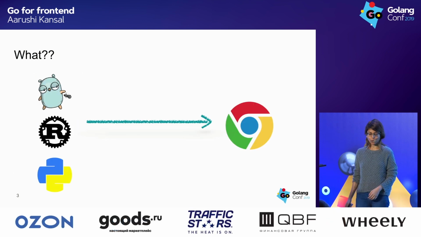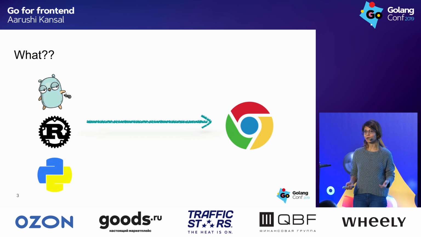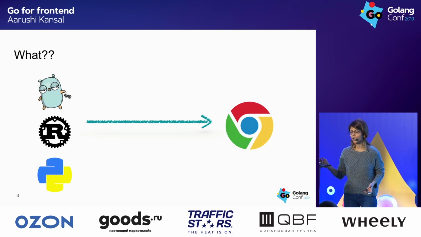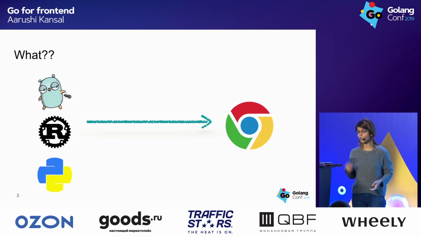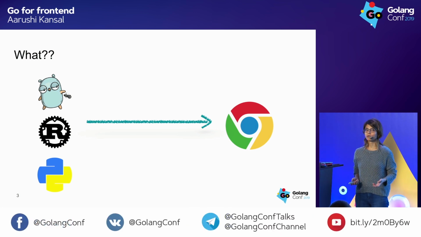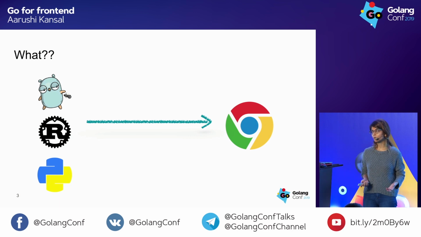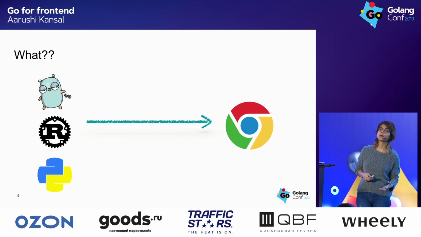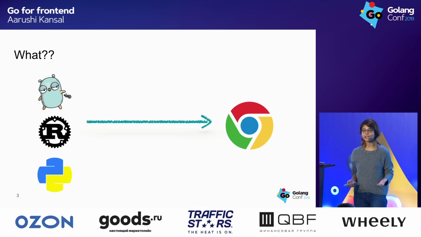OK, so what exactly is WASM or WebAssembly? If you go to their website, they basically describe it as a binary instruction format for a stack-based virtual machine, which I guess is a lot of jargon and kind of difficult to understand. So the way that I think of WebAssembly is more of a compile target rather than a language itself.